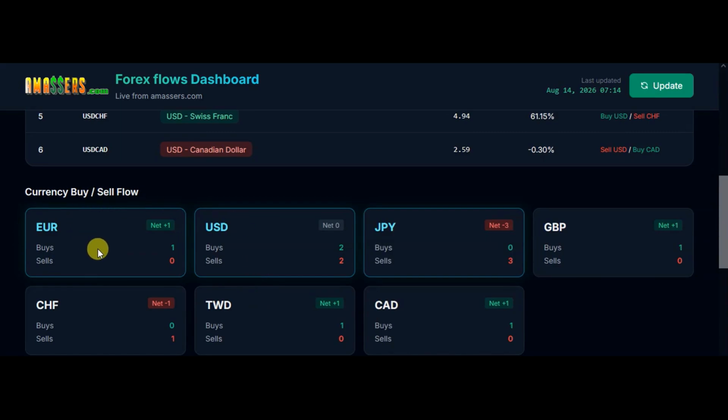Here we've got an aggregate. This is going to show you what's buying. This euro, we've got a buy here on 1. This is the dollar, and we've got really net zero, which is because we have 2 positions that are buying, 2 positions that are selling against the dollar.